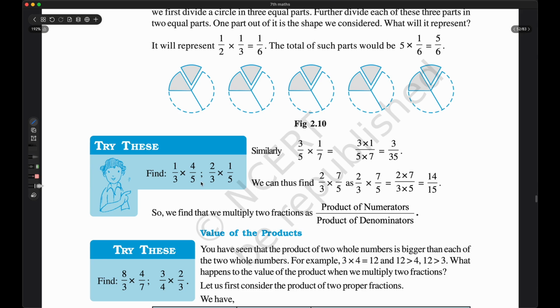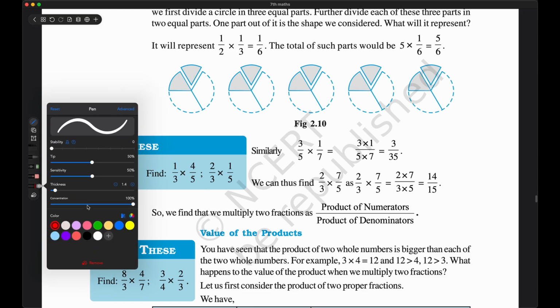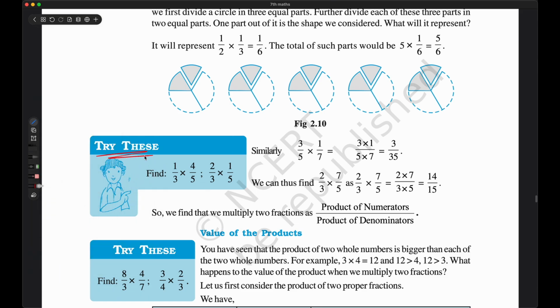Now let us solve this. Try this. We have to find 1 by 3 into 4 by 5, and 2 by 3 into 1 by 5.